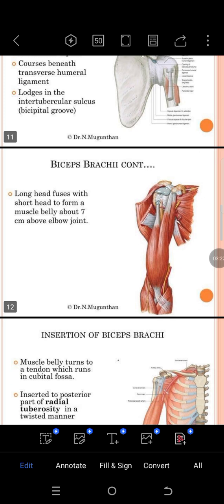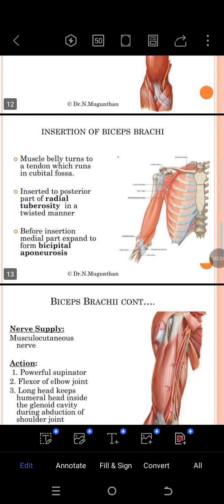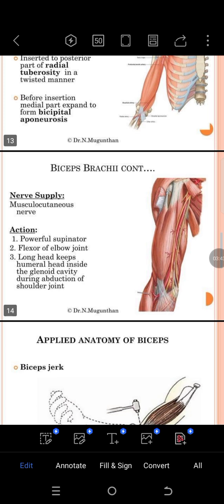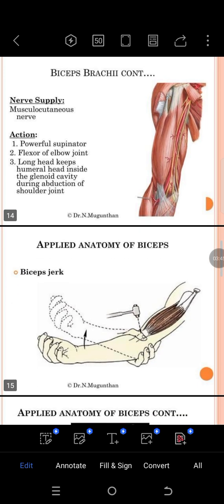So the insertion of this one is the radial tuberosity, inserted to the posterior part of the radial tuberosity in a twisted manner. Before insertion, the medial part expands to form the bicipital aponeurosis. Okay, so nerve supply, musculocutaneous nerve.